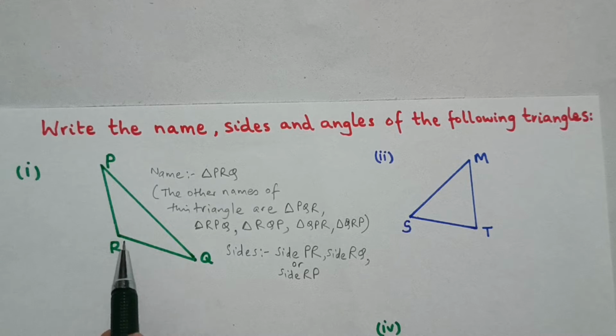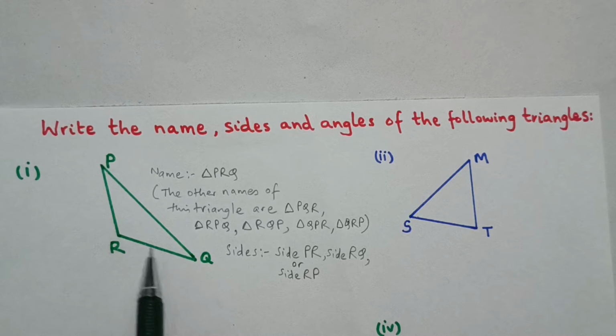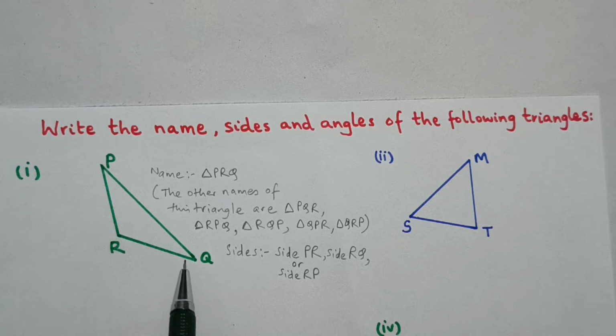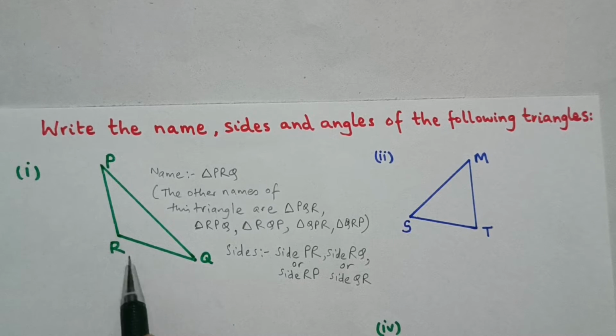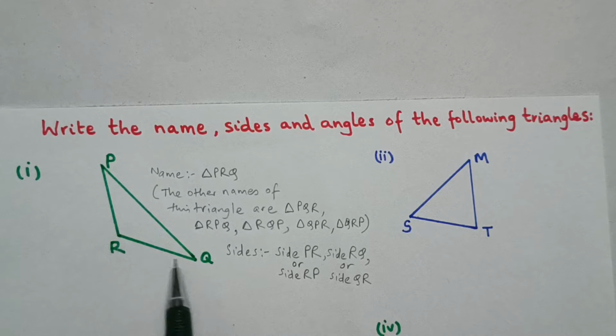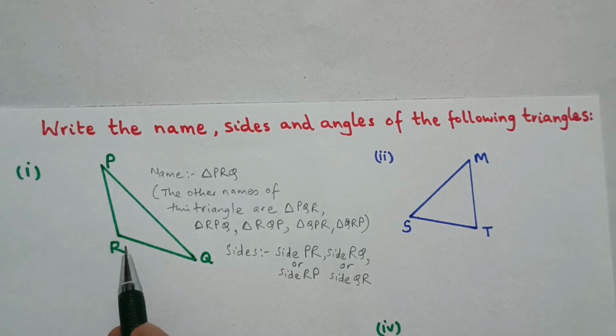Both represent this side. So I am calling this side as side RQ, but you can call it as side QR also. So this side is done. You can call this side as side RQ or side QR.